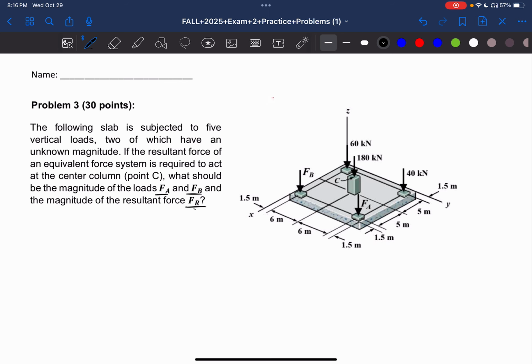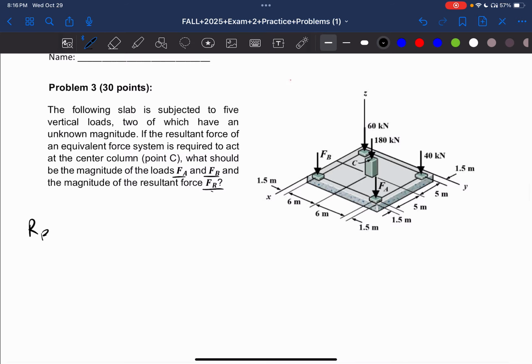Okay, so the magnitude of resultant force R is pretty simple. Fr, remember this is the sum of the forces. So we can see that the sum of the forces is all pointing down, so we can just do Fb plus. Okay, they're all going to be negative, right? So we can just write it all out and then put a negative sign on it, or we can just write the negative sign.